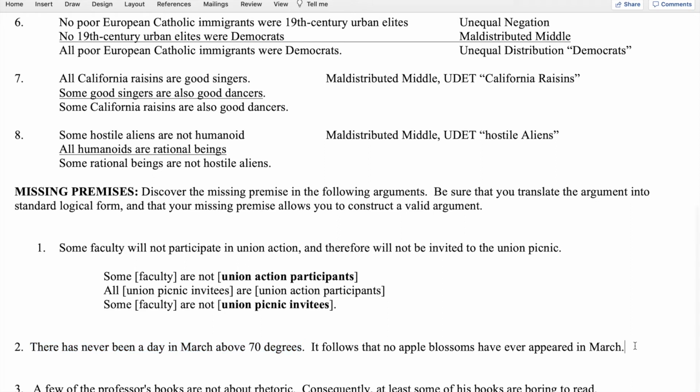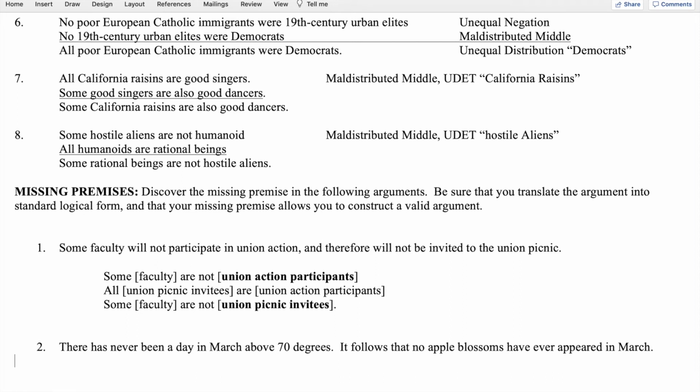So let's start there. And as we do, we note that we have the sentence or statement, there has never been a day in March above 70 degrees. How do we translate that into standard logical form? Never tells us this is going to be a universal negative. So we would say no March days, because our universe of discourse is days. So no March days are 70-degree days.